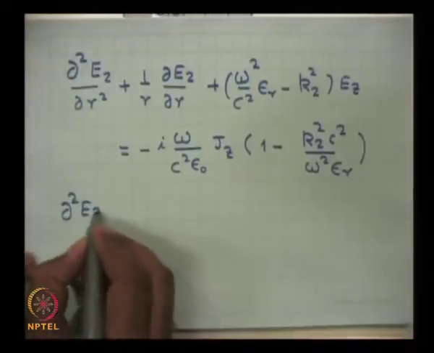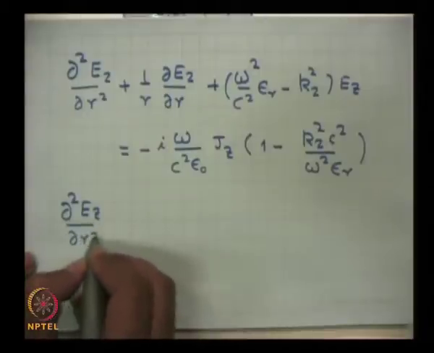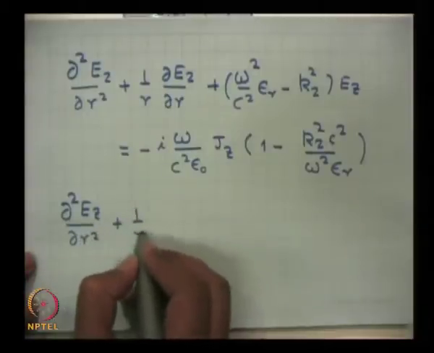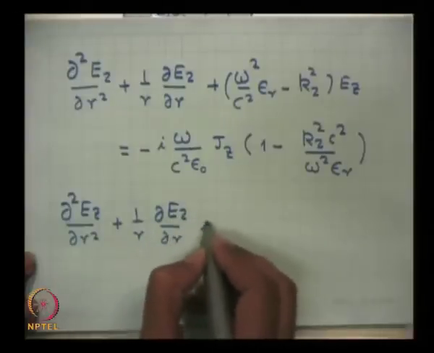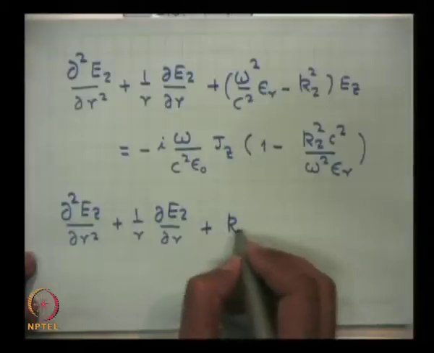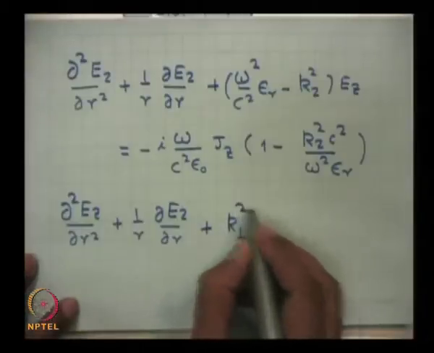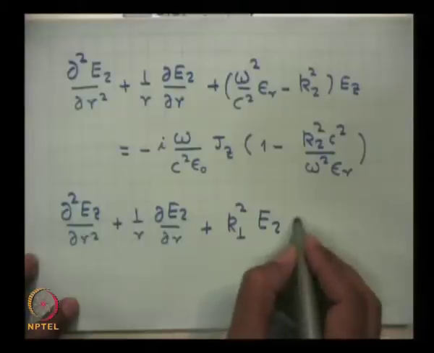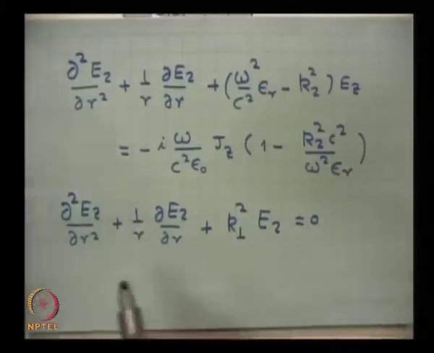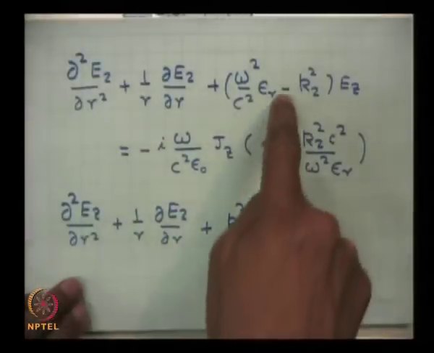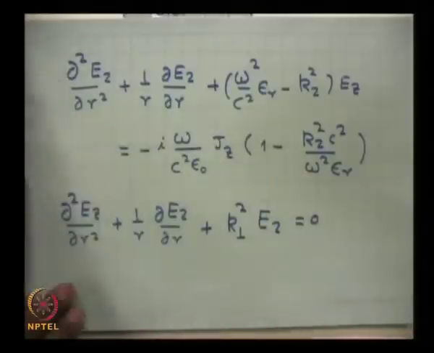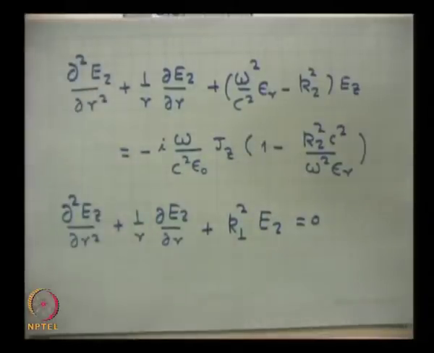∂²Ez/∂r² plus (1/r) ∂Ez/∂r plus a constant quantity which I call k⊥² Ez equal to 0, where k⊥² is an important quantity that depends on frequency. It is a combination of this term and terms coming because of these, and its value turns out to be this much. Let me write down the value of this expression.